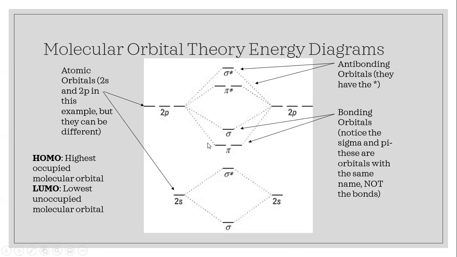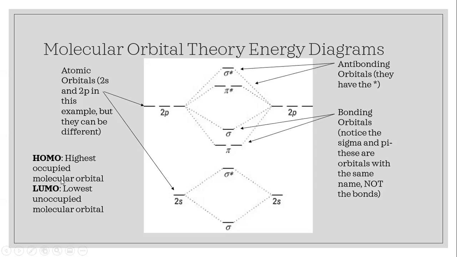While we are looking at this, I just want to go over two terms that are used. The first term is HOMO and the second is LUMO. HOMO stands for the highest occupied molecular orbital, while LUMO stands for the lowest unoccupied molecular orbital. While this is just an empty diagram, say this was filled, let's say there were 2 electrons here, 2 electrons here.